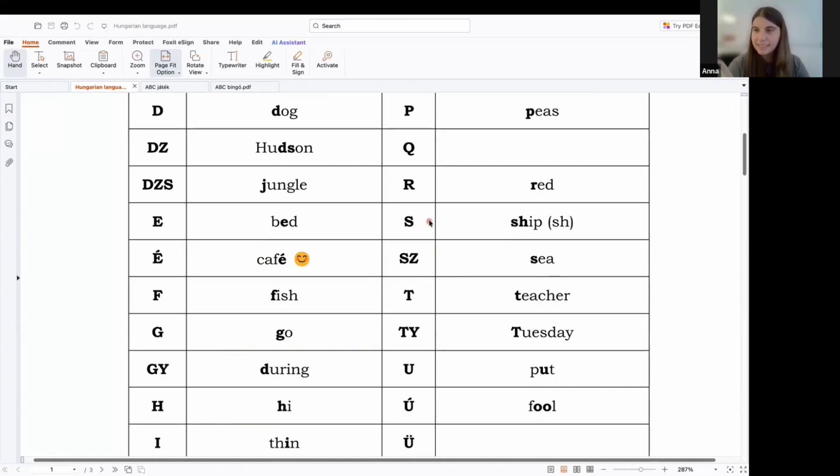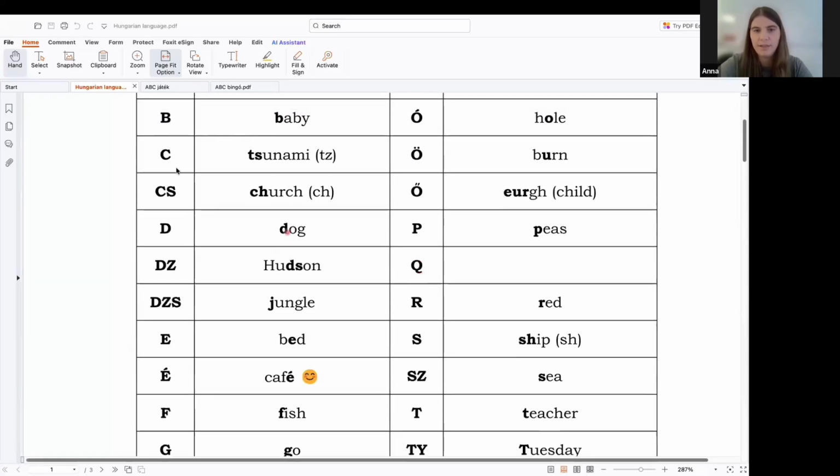So when the S stands on its own, it's a "sh," as in "sh." And when it's used with the Z, it's going to be an "s." So sh, s. Now let's bring the C's together a little bit. So t, ch, sh, s.